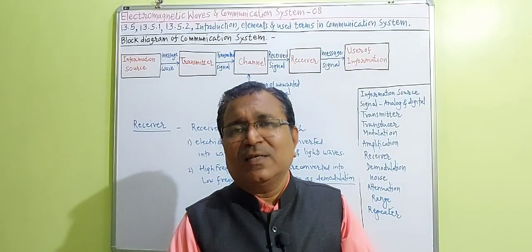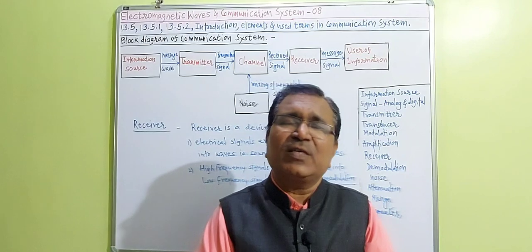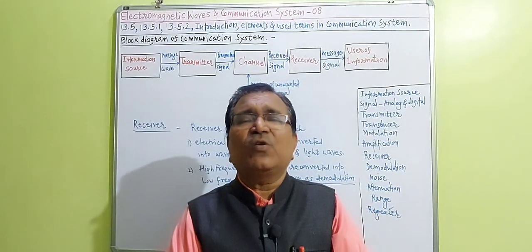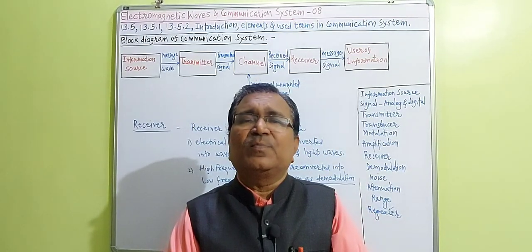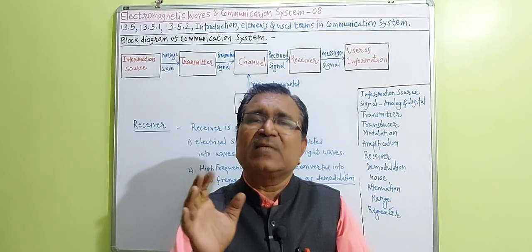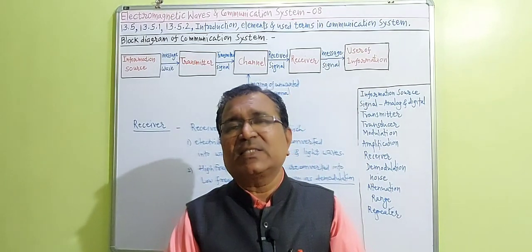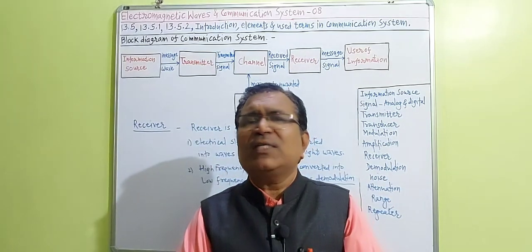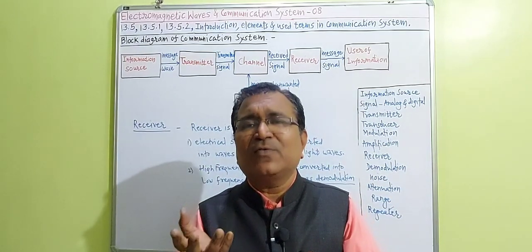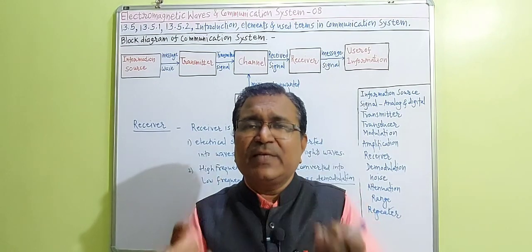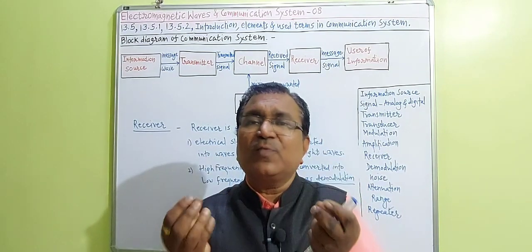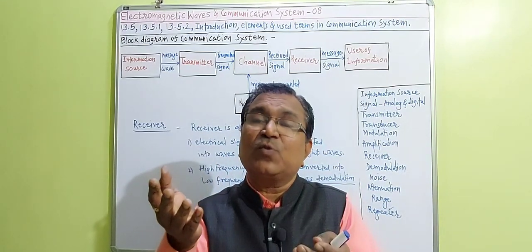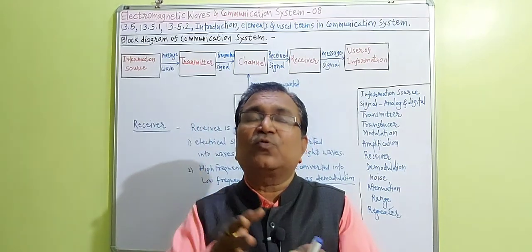Okay. Then after learning this communication system, we want to learn some basic terms regarding it. The first term is signal. What is signal and what is wave? I am delivering a lecture in the form of sound waves, but those sound waves cannot travel a longer distance to come up towards you.